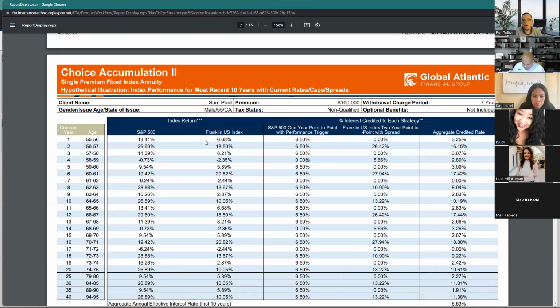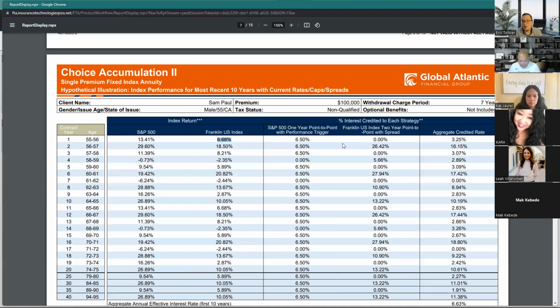Oops. 25.18. Okay, so 6.68 minus 3.25. Okay, so the spread here is 3.43%. So you see here 6.68 minus 3.43.